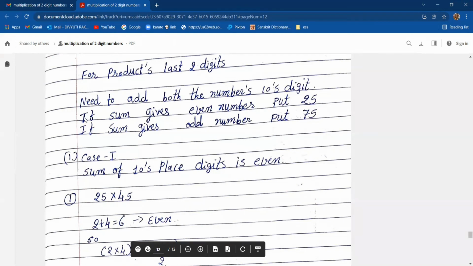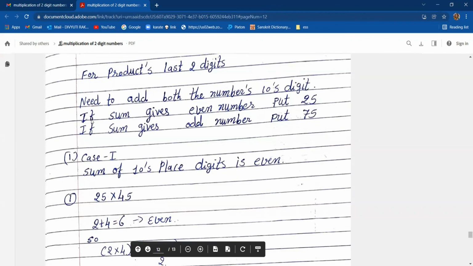The first condition is that the sum, meaning the sum of the tens digits, if it is an even number, then you put 25 in the last two digits of the product. And if the sum of the tens digits is an odd number, then you put 75 in the last two digits of the product.